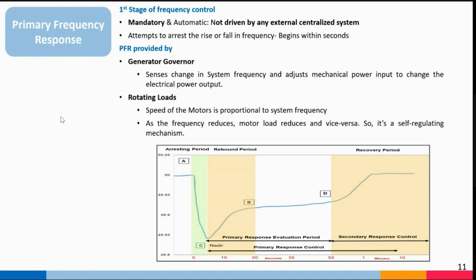This primary frequency control is mandatory and automatic. It is not driven by any external centralized system. All generators have to comply with it. There has to be primary frequency control in all the generators, so their governors have to respond to any drop in frequency.